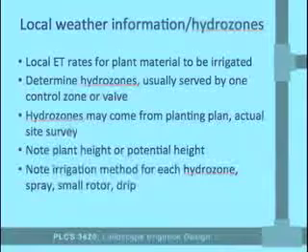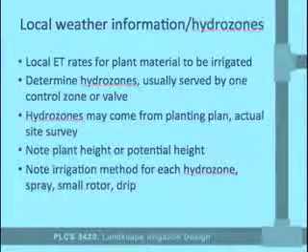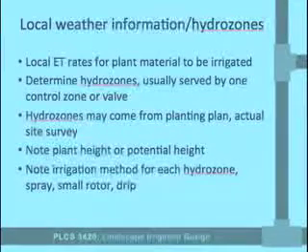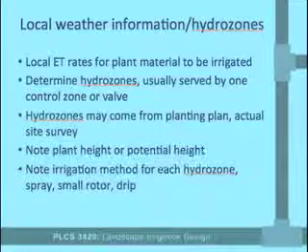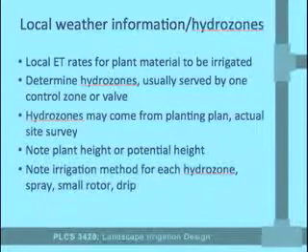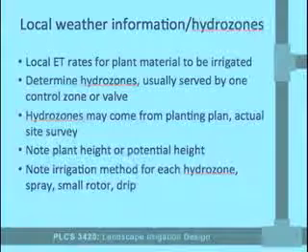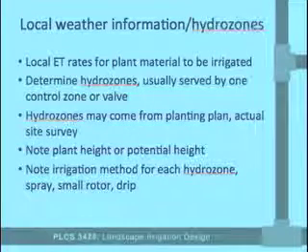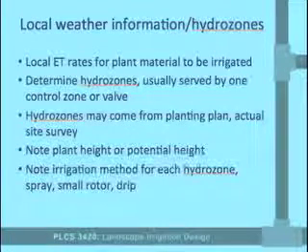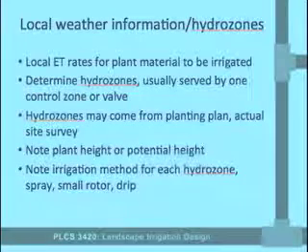So local ET rates for the plant material to be irrigated, determining hydrozones, and hydrozones are usually served by one valve or control zone, so that's important for your irrigation system. And they may come from the planting plan, or they may come from an actual site survey.